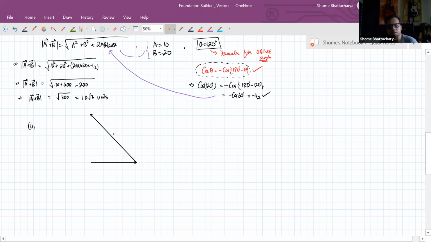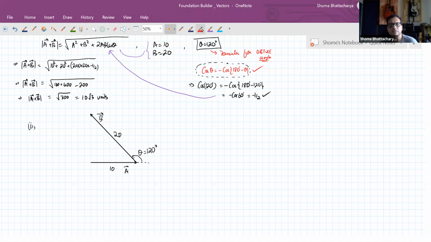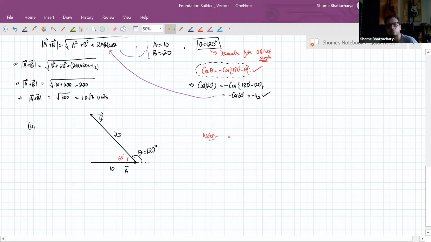So notice something interesting, that if you are mindful of this fact that this internal angle is 60, and you know that cos 60 is half, that is how you'll realize that the triangle is a right angle triangle.